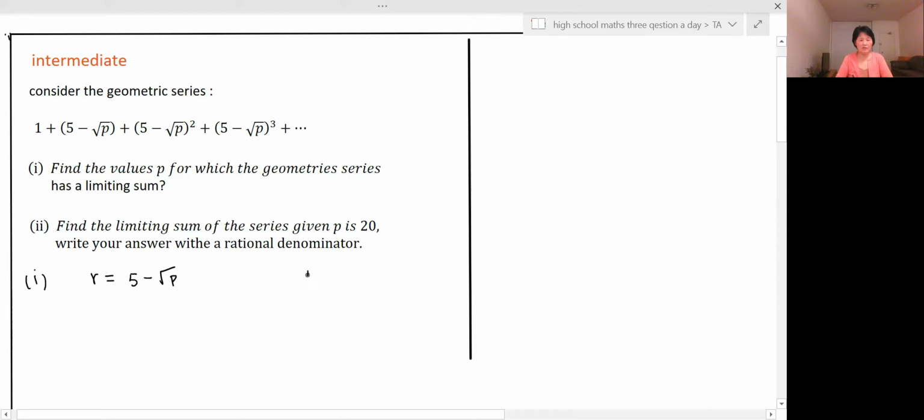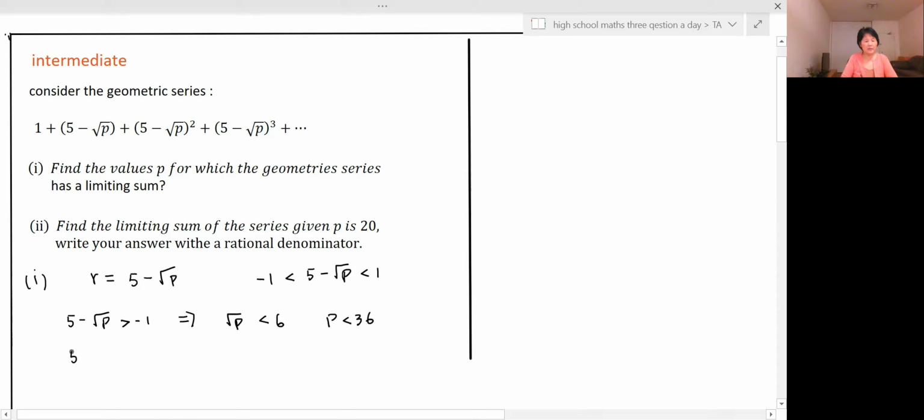If 5 minus the square root of p is larger than minus 1, then the square root of p will be less than 6. So p will be less than 36.